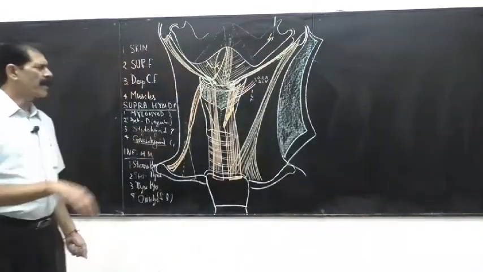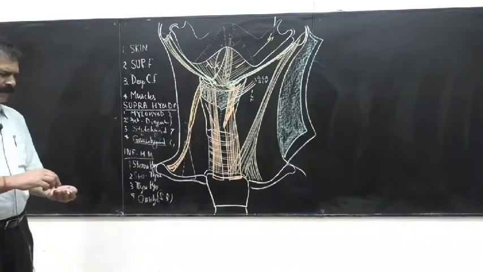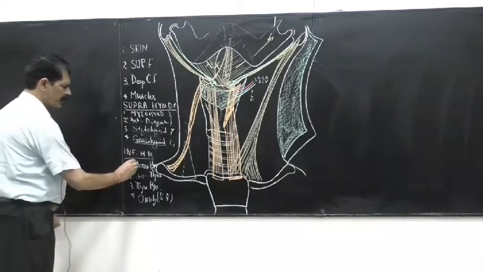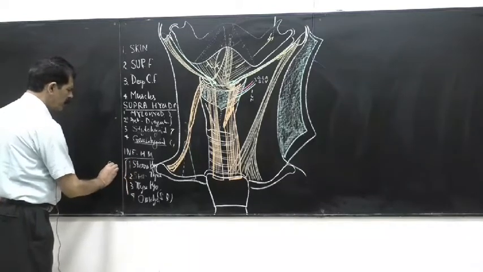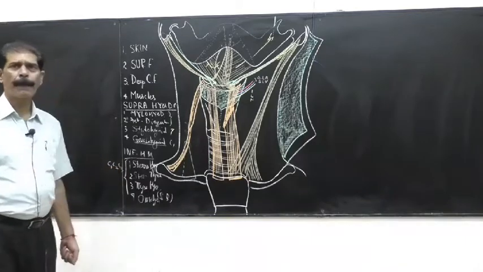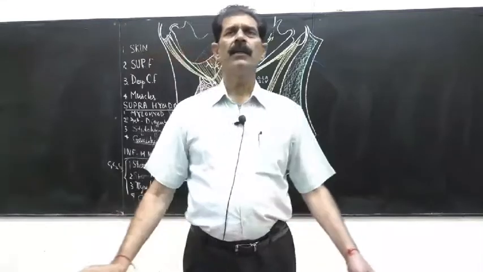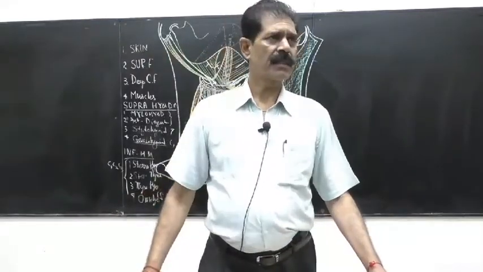So these are the supra- and infrahyoid muscles. Now come their nerve supply. All the infrahyoid muscles are supplied by, remember, C1, C2 and C3 spinal nerves. No cranial nerve is supplying them. The spinal cord is taking charge of supplying the four infrahyoid muscles.